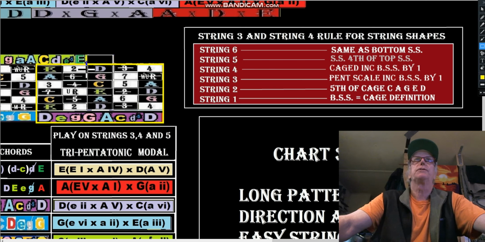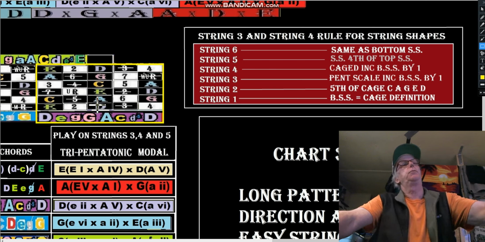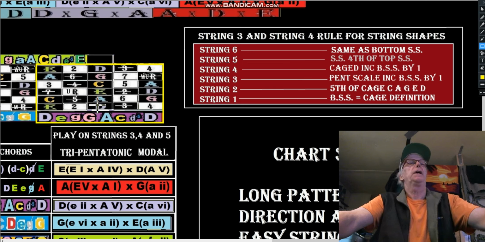And conversely, every string below each string is going to be the 4th string shape of that string shape. The only rule is with 1, 4, 5, it works for D easily. It works for G string shape easily. It works for A string shape easily.